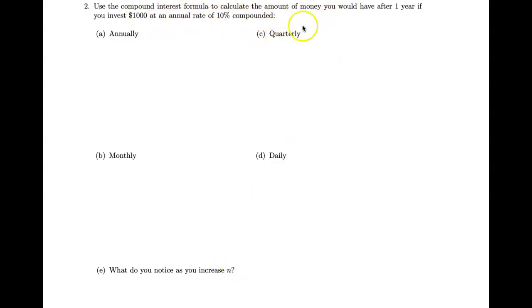When we read this problem again, we notice that the interest is compounded.